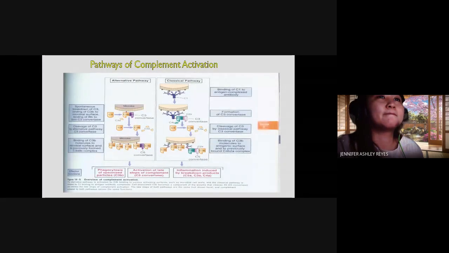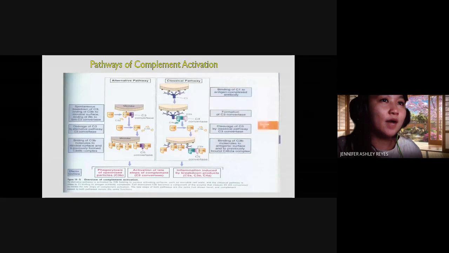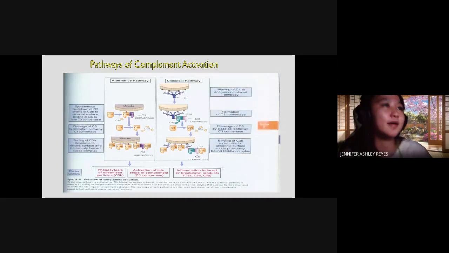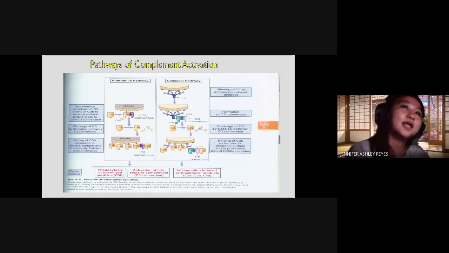So, these are comparisons of the pathway complement activation ng alternative versus classical. So, ang difference kay alternative pathway, ang previous name ni alternative pathway is properdin pathway because there is an involvement of the protein properdin.